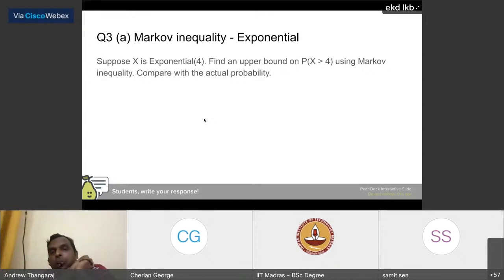So find an upper bound on the probability that X is greater than 4. Okay. So for Exponential(4), the expected value is 1 by 4. So the expected value is 1 by 4, and here we're asking the probability that X is greater than 4. So it's significantly far away from the mean.